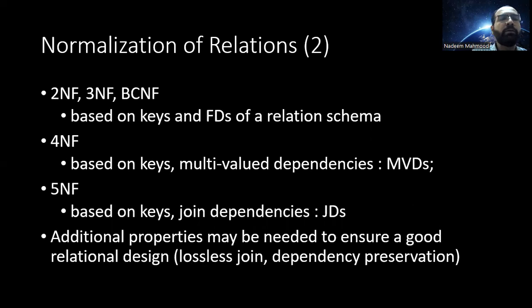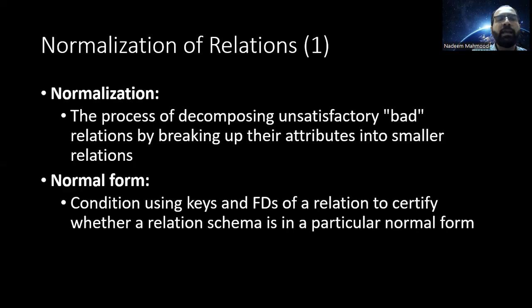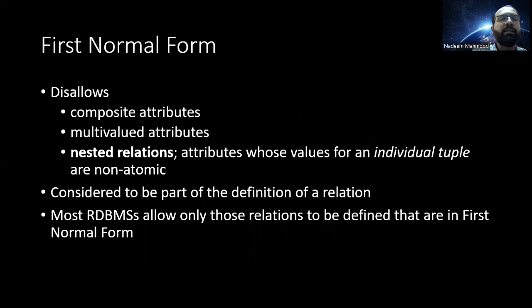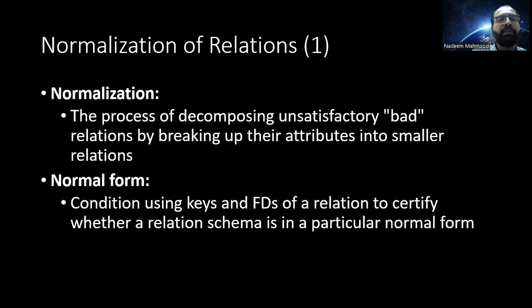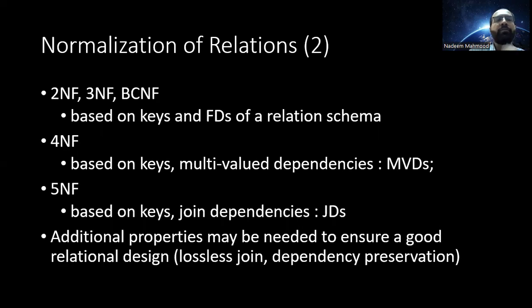If we talk about normal forms, we have first normal form, second normal form, third normal form, and similarly BCNF, which is called Boyce-Codd normal form, fourth normal form, and fifth normal form.